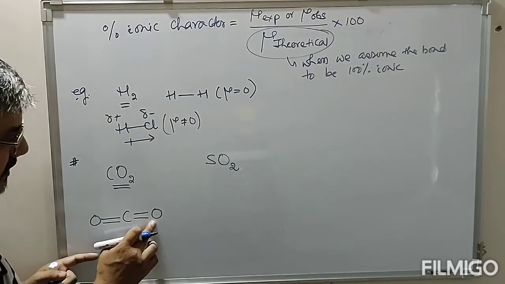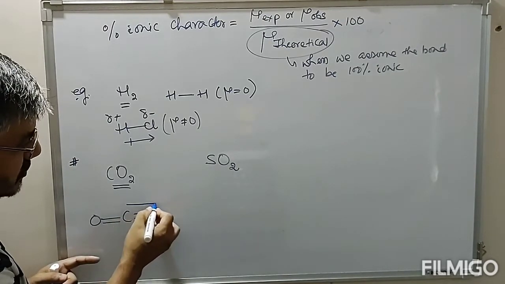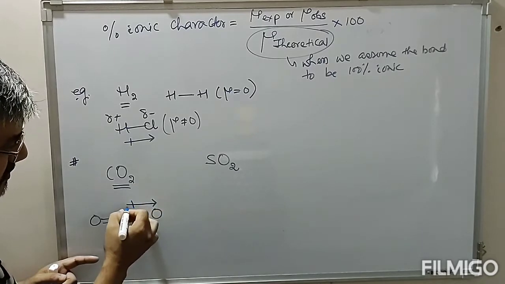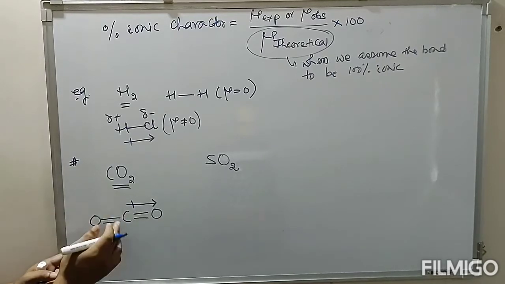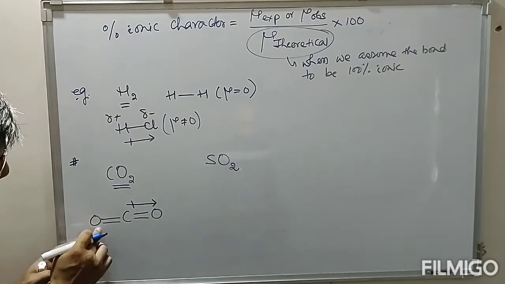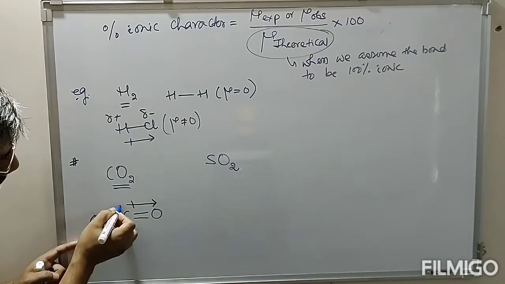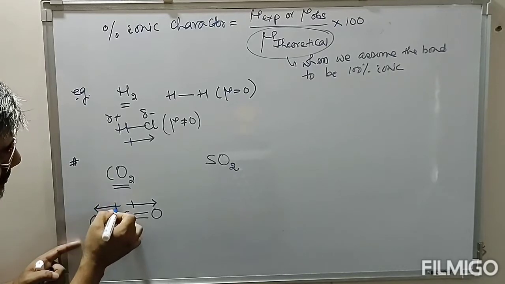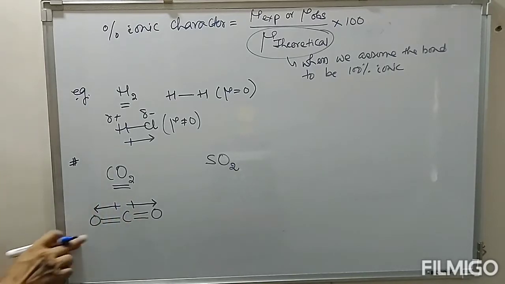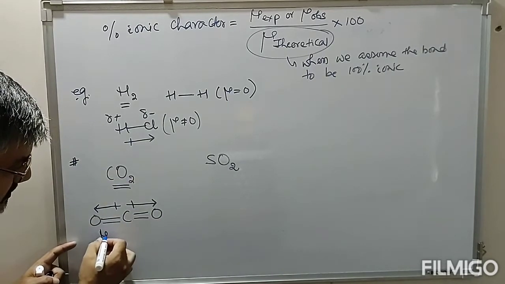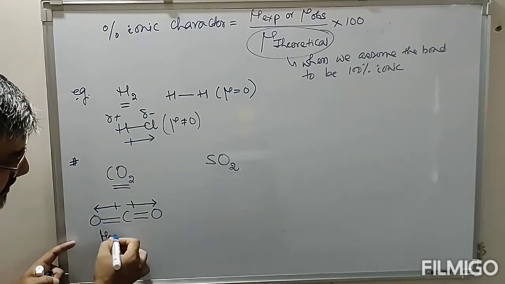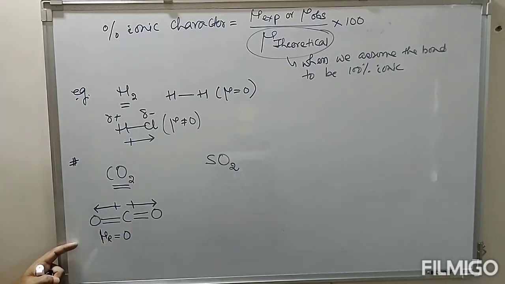Oxygen is more electronegative than carbon, so we have an individual bond moment. This is one dipole, the carbon-oxygen dipole. On the other side we have another carbon-oxygen bond, and oxygen being more electronegative, we have a second dipole. Both dipoles are in opposite directions, so the resultant dipole moment, that is the vector sum, comes out to be 0.